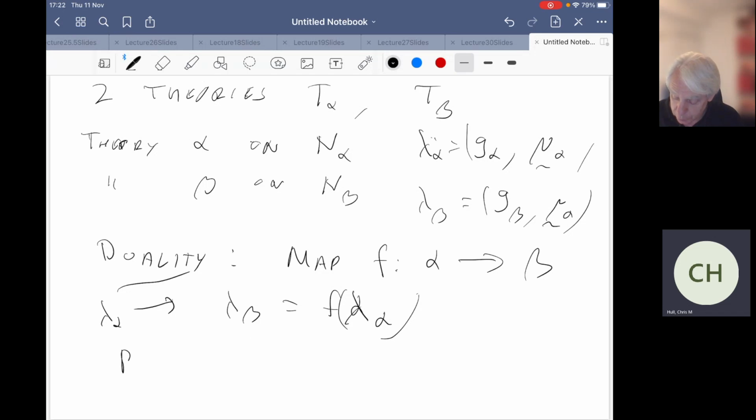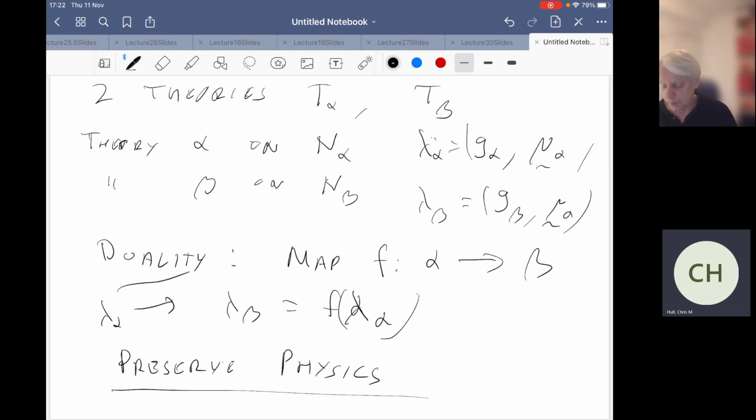This is required to preserve the physics. So the idea is that this should give 2 different descriptions of the same physics.